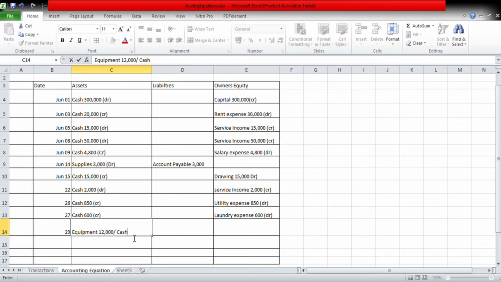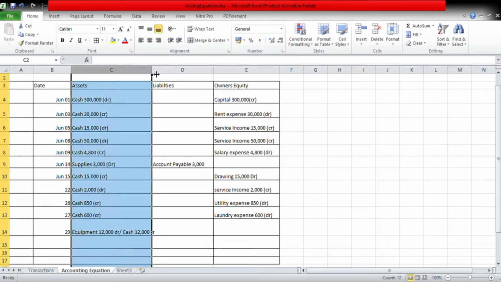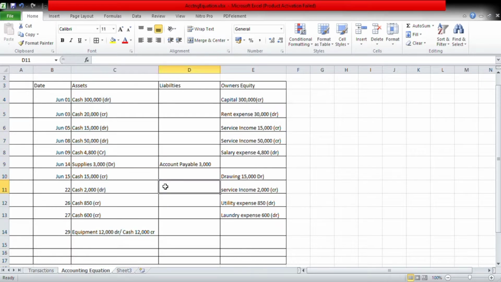For this transaction, assets increase and at the same time decrease. So this one credit and this one debit. That's how to write the transaction in the accounting equation.